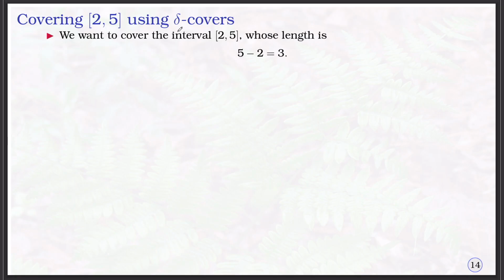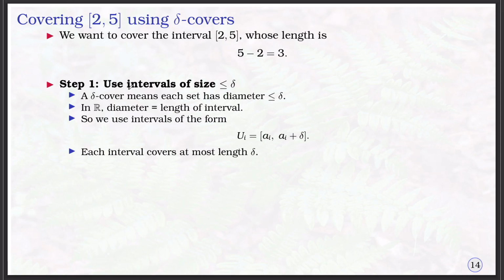For that, first we need to find the possible coverings of 2 comma 5 in terms of the Hausdorff dimension. We want to cover the interval 2 comma 5 whose length is 3, that is 5 minus 2, which is 3. We use intervals of size less than or equal to delta to cover this set.